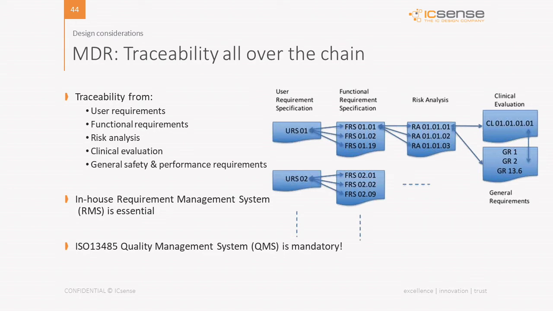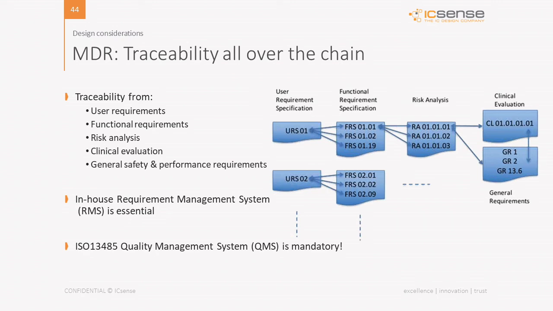Next to that, we all need to monitor the process and keep track of the whole process through a quality management system. That's why we see that an ISO 13485 quality management system is mandatory. Compliance with ISO 13485 is often seen as a first step in achieving compliance with European regulation.